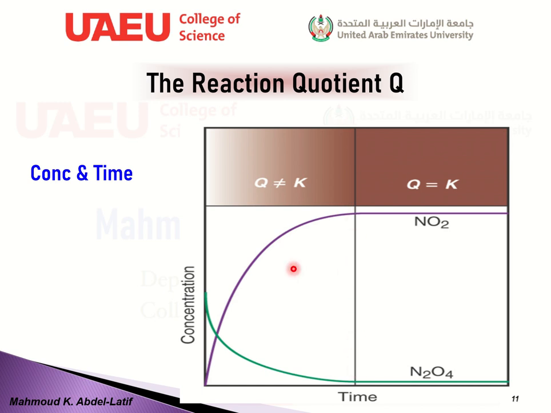Before this line, on the left of it, Q does not equal K. But after this, Q equals K.